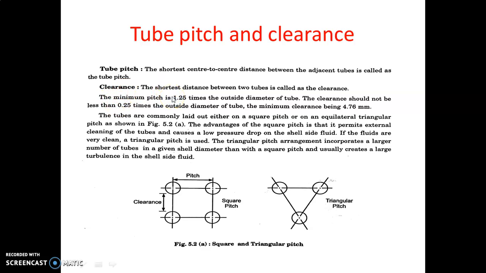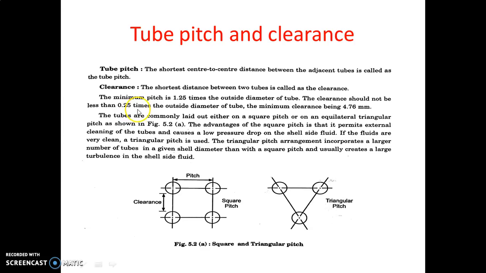And there is another definition, which is called clearance. What is meant by clearance? The shortest distance between two tubes is called the clearance. If we look at this figure, this is the shortest distance between two tubes, so it is called a clearance. Clearance should not be less than 0.25 times the outside diameter. There is some standardization for keeping the clearance.